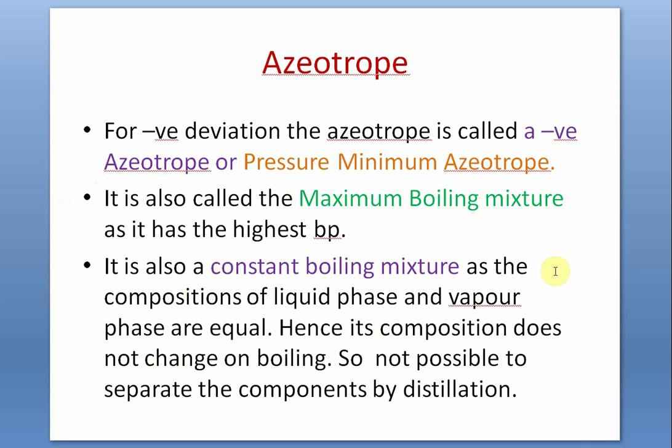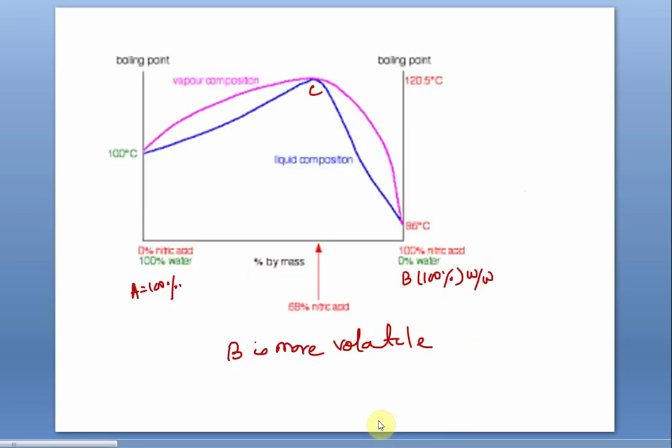It is also called a constant boiling mixture as the composition of the liquid phase and vapor phase is the same, in the manner in which we discussed the positive deviation. Hence, its composition doesn't change on boiling, so it's not possible to separate the components by distillation. So, azeotrope cannot be separated by distillation method because the distillate and the residue will have the same composition.